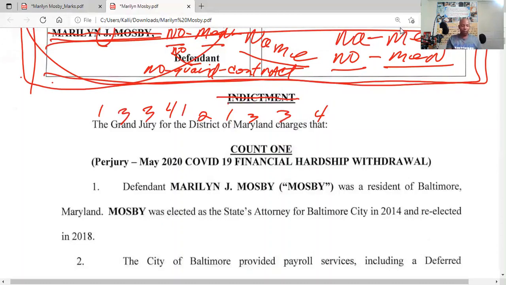So here, 1 equals an adverb, 3 equals an adjective, 4 equals a pronoun, and 2 equals a verb, right? Okay, so here we can see that the attorney engaged in fraudulent conveyance.